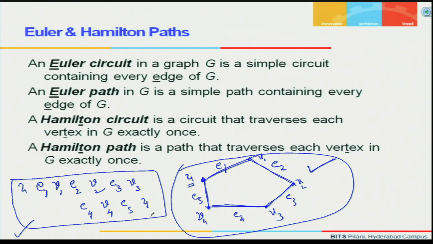So now we have a cycle in this graph which has all edges inside it, hence it is called a Euler circuit. Similarly, for a Euler path, except that the source and destination are not the same, the same definition holds good. Source and destination are distinct, but from source to destination the path contains all the edges of the graph.